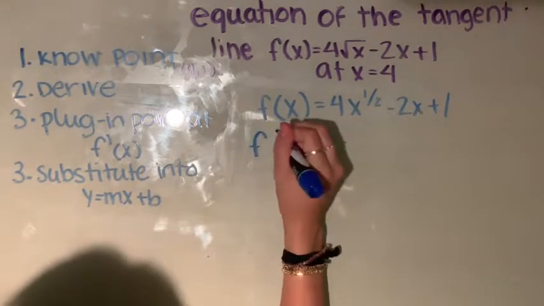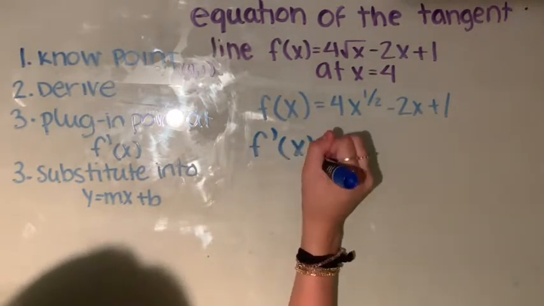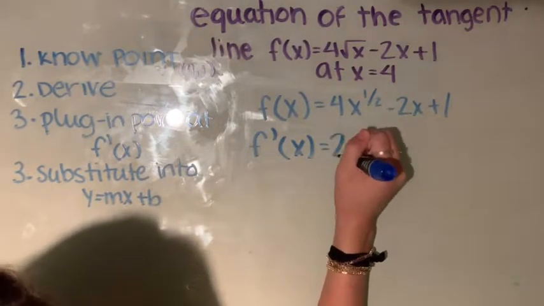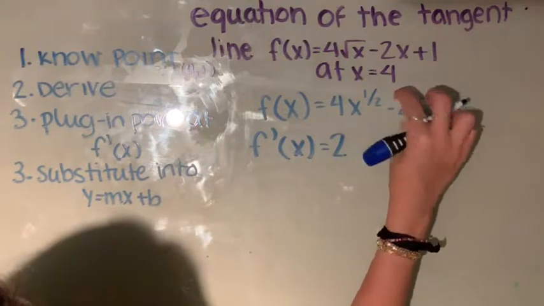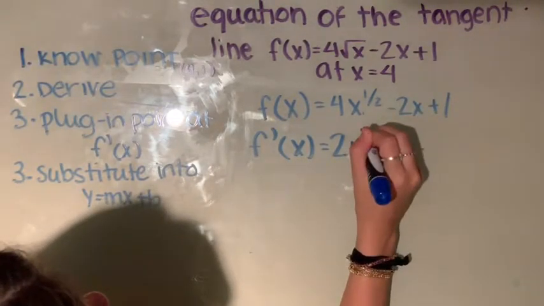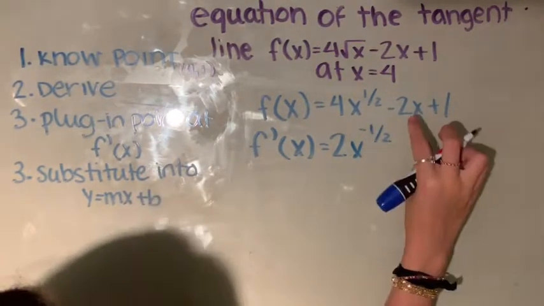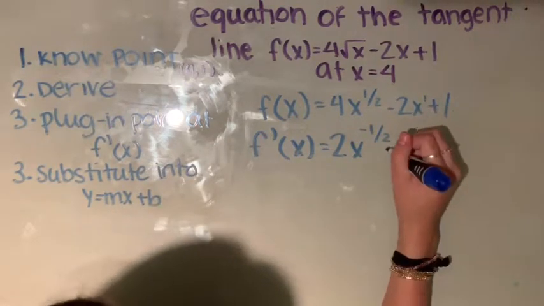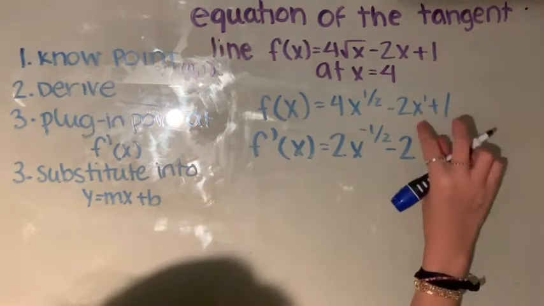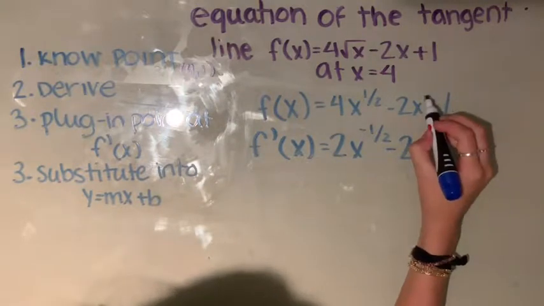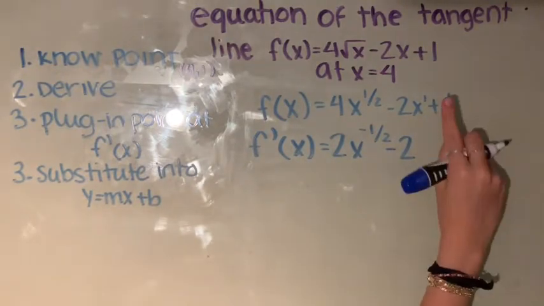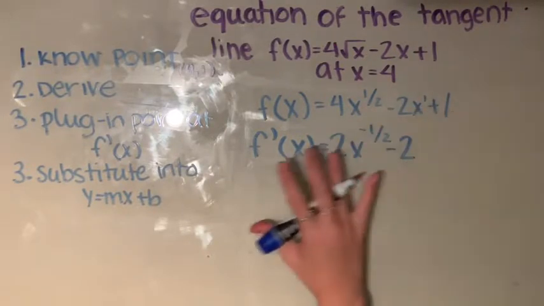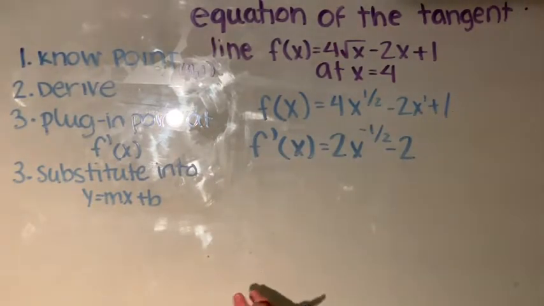So it's going to be f prime of x equals 1/2 times 4, which is 2, x to the 1/2 minus 1, which is negative 1/2. This x has an exponent of 1. 1 times negative 2 is still negative 2. And this x is going to disappear as 1 minus 1 is 0. And this 1, since it has no x, we will not include it in our final equation.